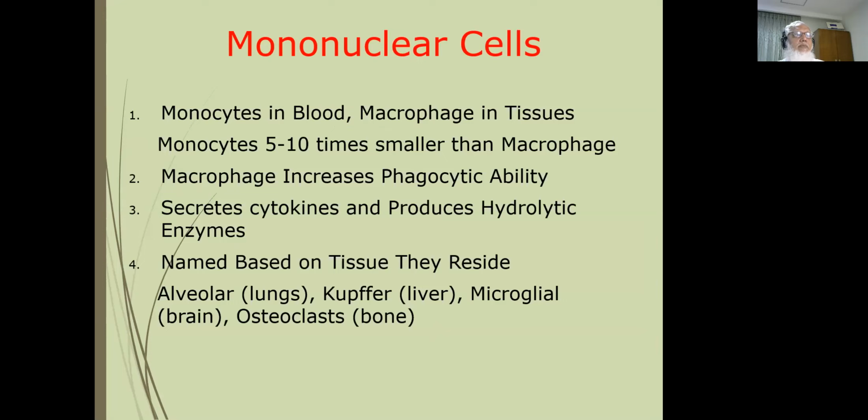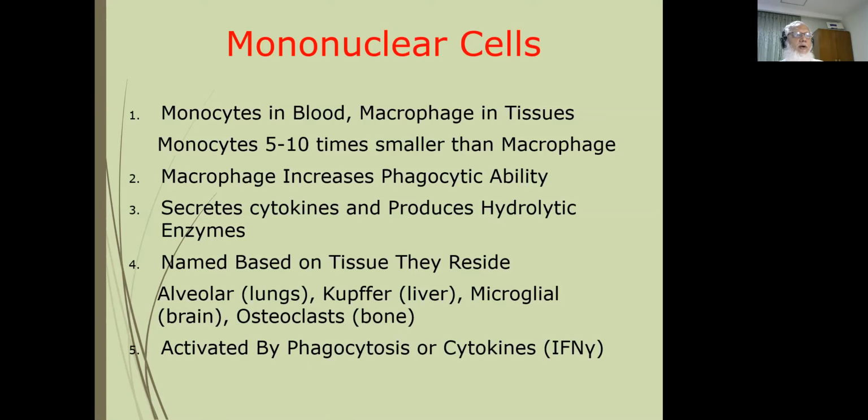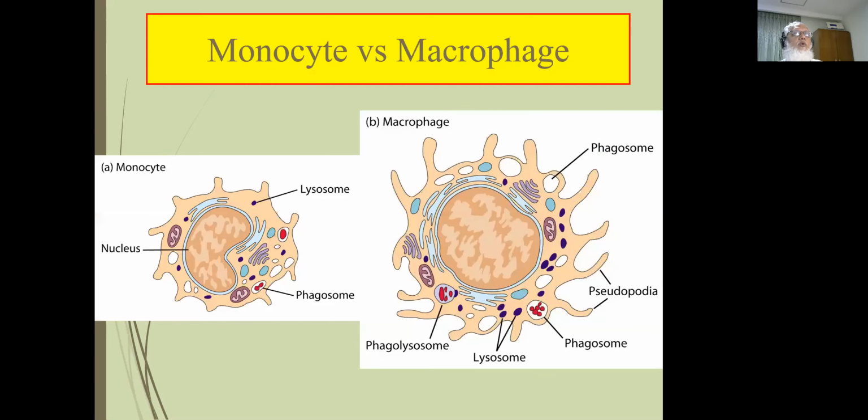They are named based on the tissue they reside in. For example, alveolar macrophages in the lungs, Kupffer cells in the liver, microglial cells in the brain, and osteoclasts in the bone. They are activated by the cytokine gamma interferon, and they have antigen presenting capacity through the MHC2 molecule.